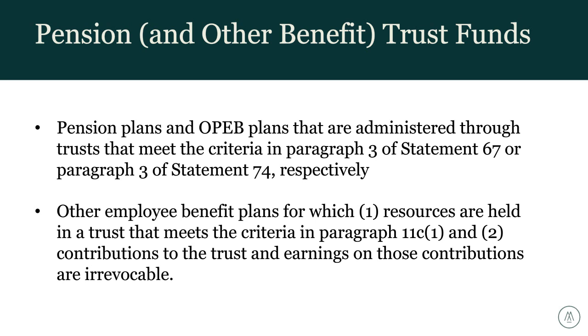The assets are dedicated to providing pension or OPEB benefits to their plan members. The assets are legally protected from creditors of the employer, of the pension plan itself, or the OPEB, or any non-employer contributors.